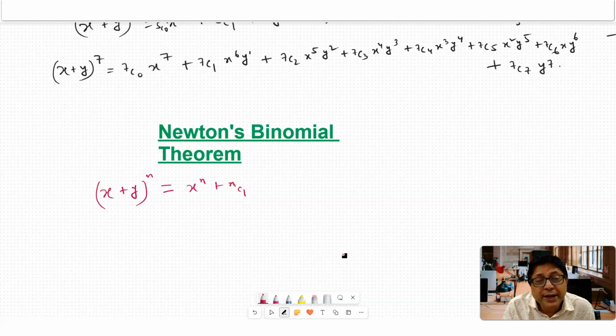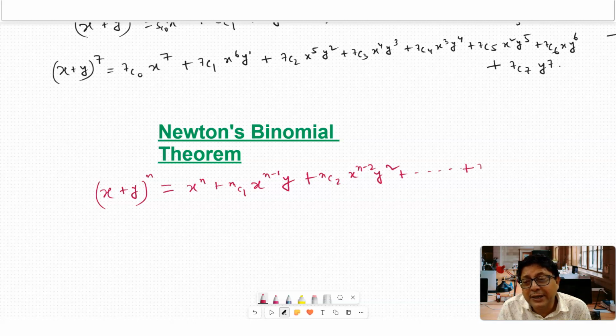So it will be nC1 x to the power n minus 1 y plus nC2 x to the power n minus 2 y square, plus this way I write another term nCr, which will be the representative of all the terms, I mean the reference term. It is nCr x to the power n minus r y to the power r plus dot dot dot y to the power n.